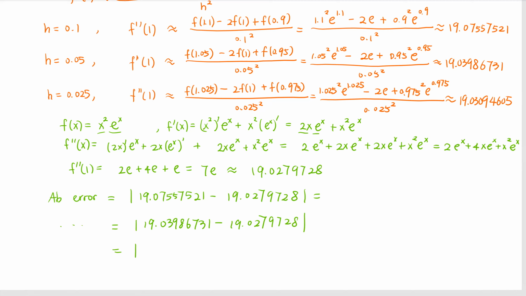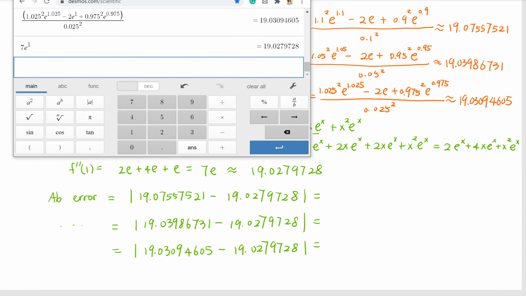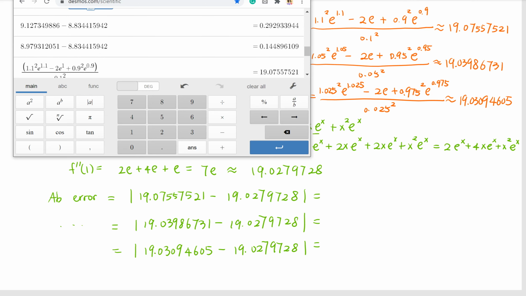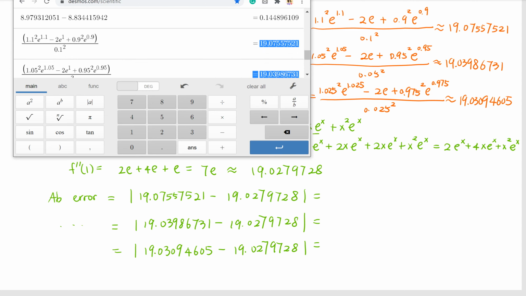The third approximation, 19.0309465 minus 19.0279728. Okay. What are these numbers? Calculator, where are you? Here. So we find the approximation. This is the number. Okay.